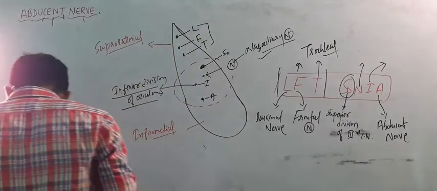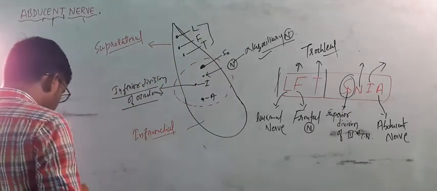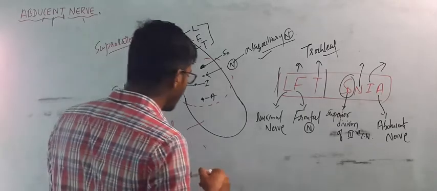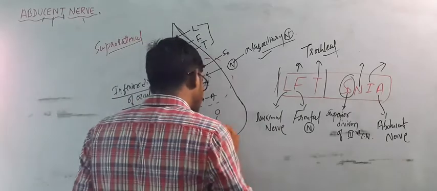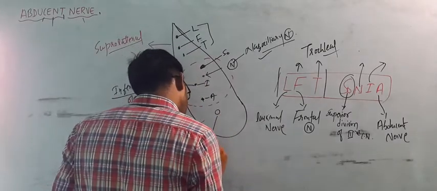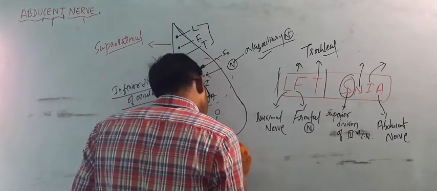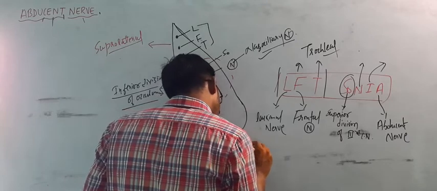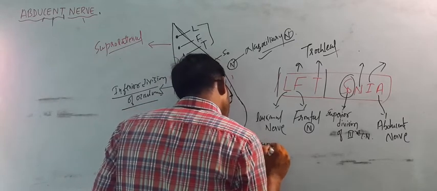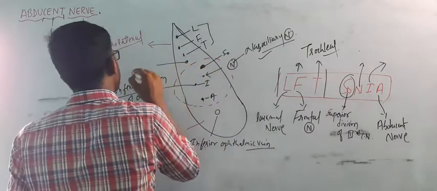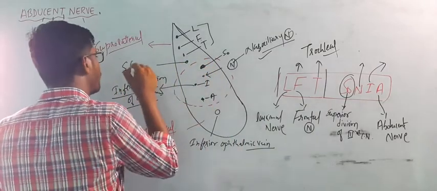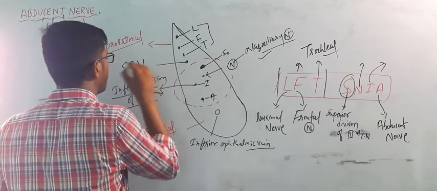Now, in the infralateral compartment there is only one thing, the inferior ophthalmic vein. And somewhere here is the superior ophthalmic vein, right?